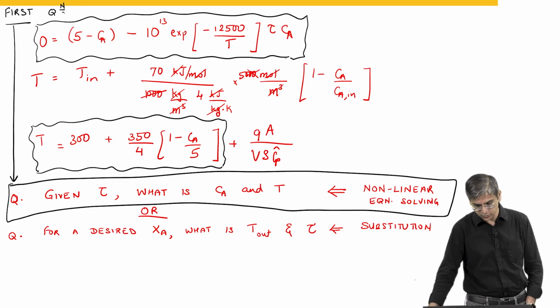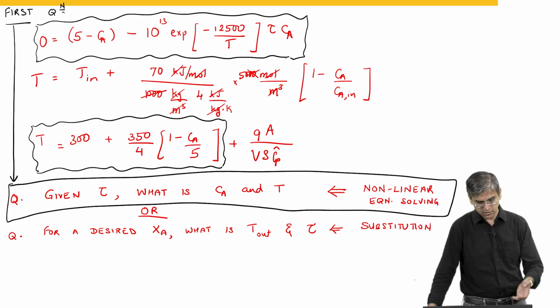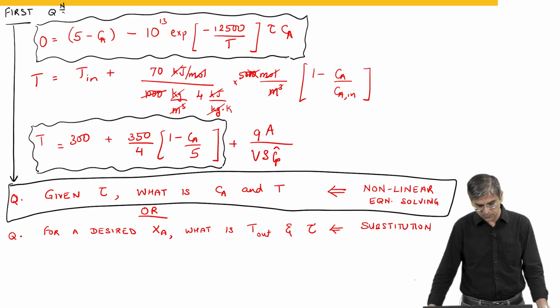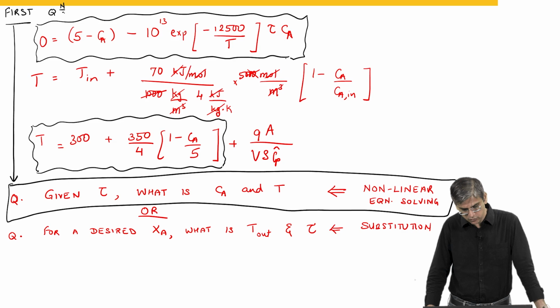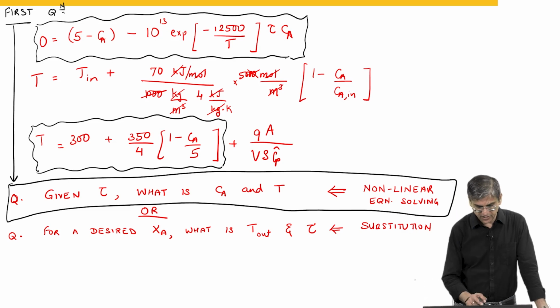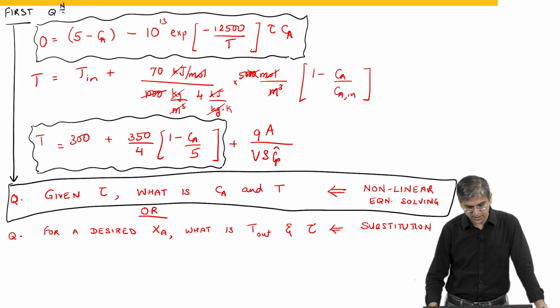Okay, they are not exactly two equations, it is just one equation. The second one, T equal to 300 plus 350 by 4 multiplied by 1 minus Ca divided by 5, we can directly substitute it in over here, right, and get the result.